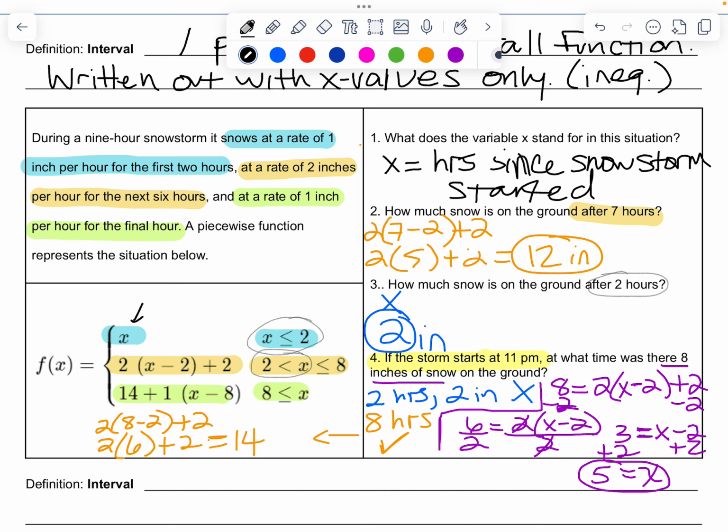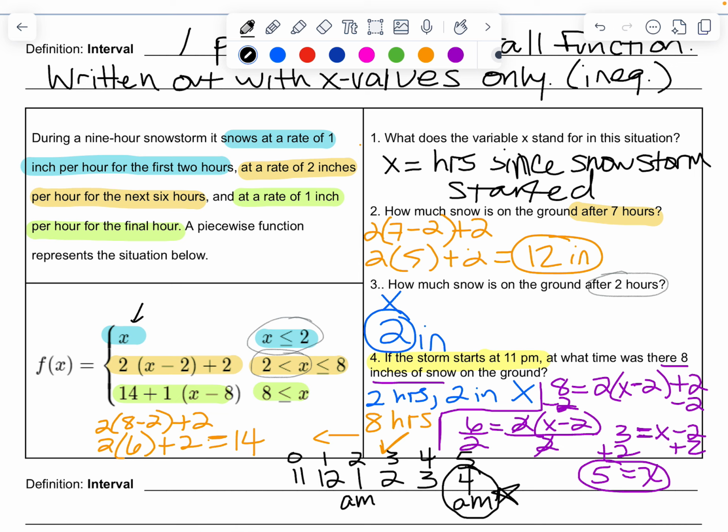If this snowstorm is starting at 11, that would be hour 0. Hour number 1 is 12. Hour number 2 is 1 a.m. 3 is 2 a.m. 4 is 3 a.m. And then finally, 5 is 4 a.m. Right, so if I'm keeping the timestamp happy here, the answer could be expressed 2 different ways.